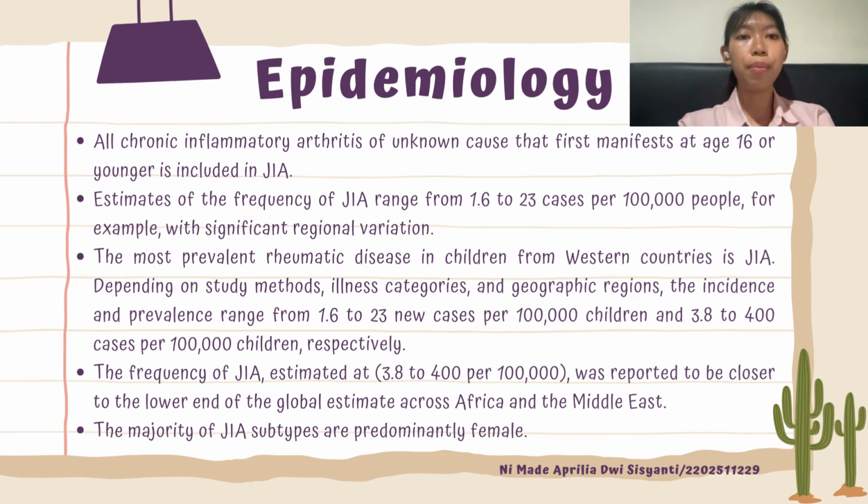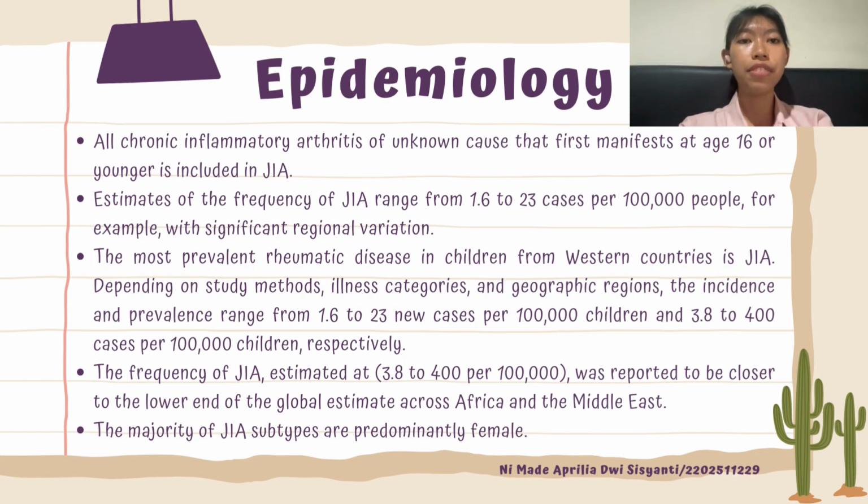The most prevalent rheumatic disease in children from Western countries is JIA. Depending on study methods, illness category, and geographic regions, the incidence and prevalence range from 1.6 to 23 new cases per 100,000 children and 3.8 to 400 cases per 100,000 children respectively.